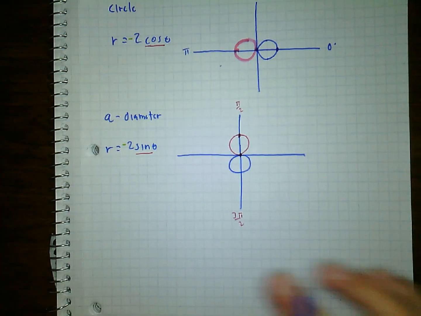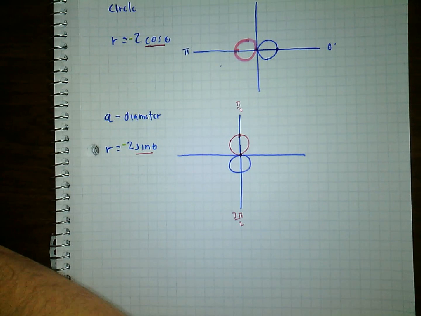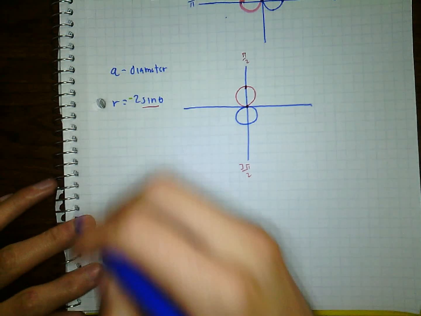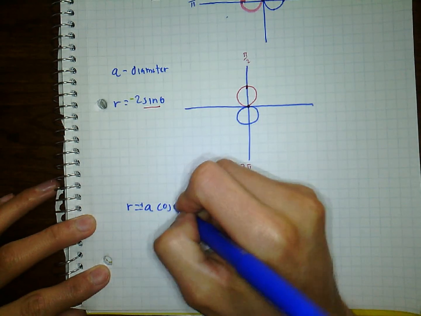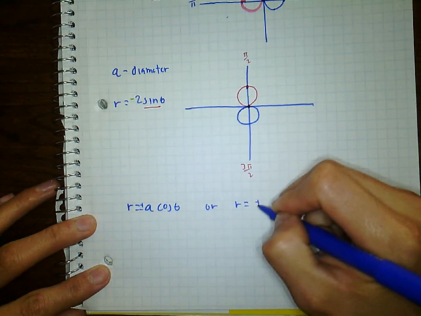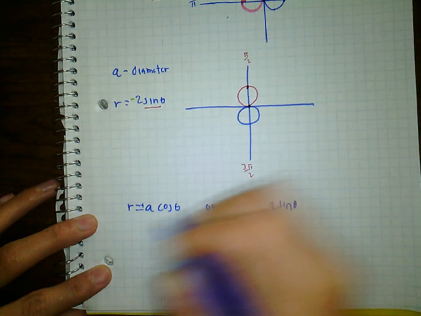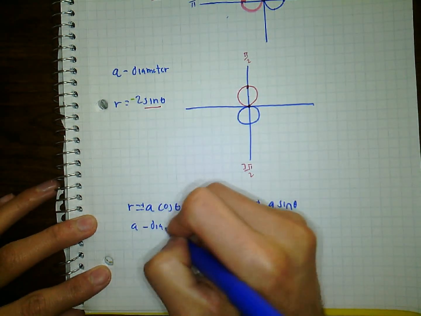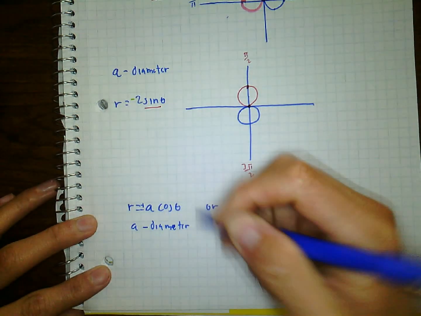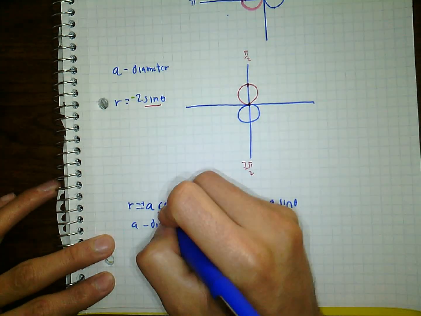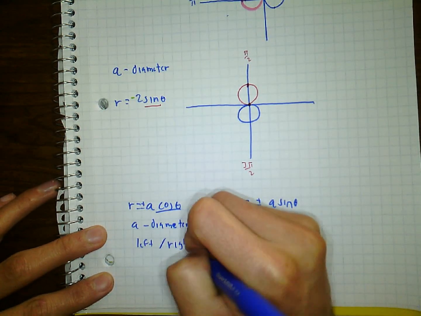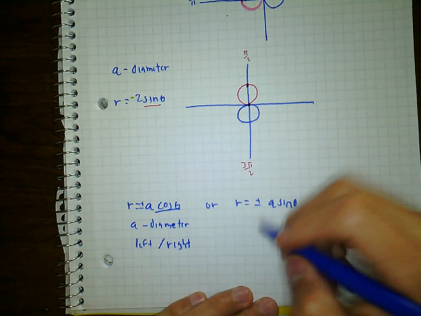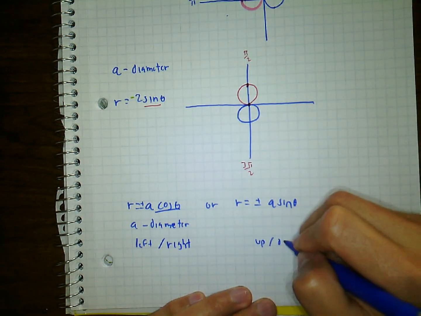So let's go ahead and recap to make sure that you understood before I give you an example for you to try on your own. When you have equations in the form of r equals plus or minus a cosine theta, or r equals plus or minus a sine theta, a is your diameter, and if it's cosine, it's going to be either to the left or to the right of the pole, and if it's sine, it's either going to be up or down.